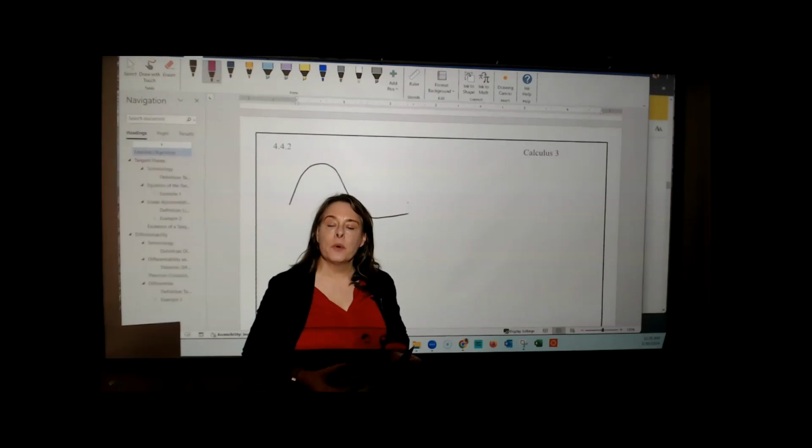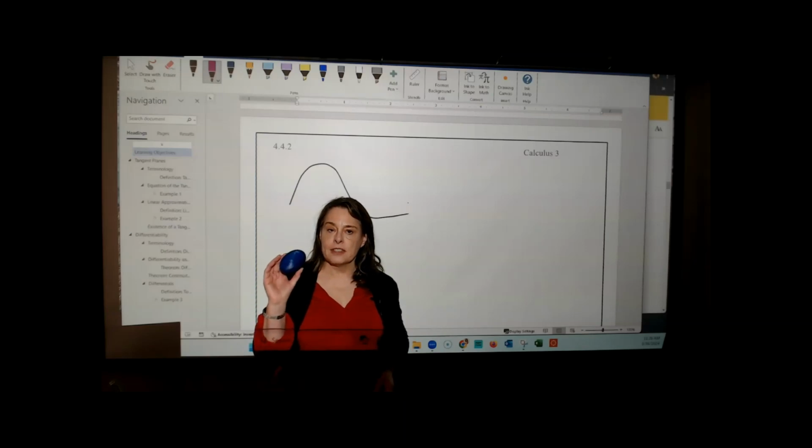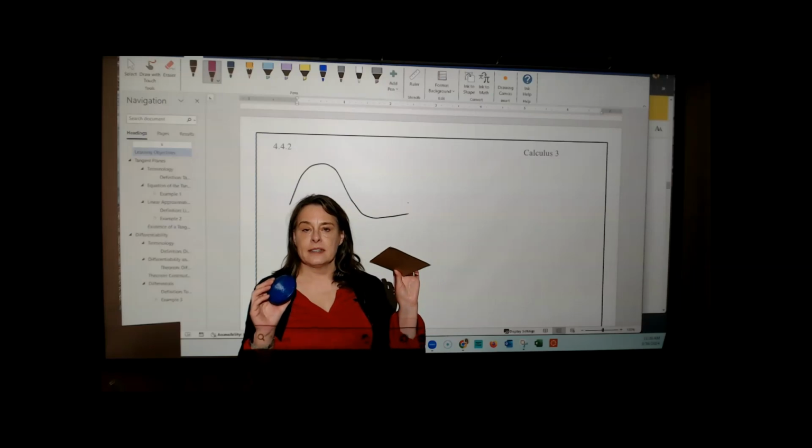So we want to take what we've learned previously about finding the equation of a tangent plane and apply it to approximating values on a surface in three-dimensional space using the values on the tangent plane instead.